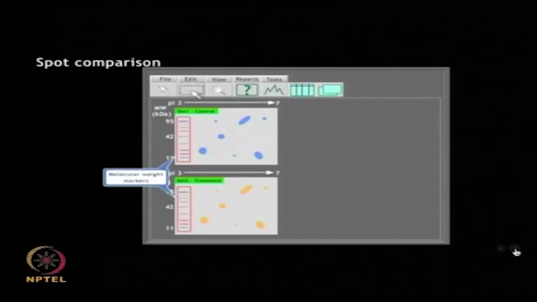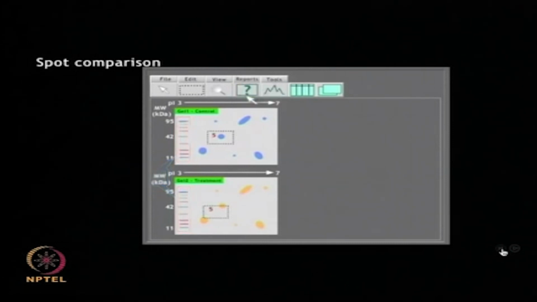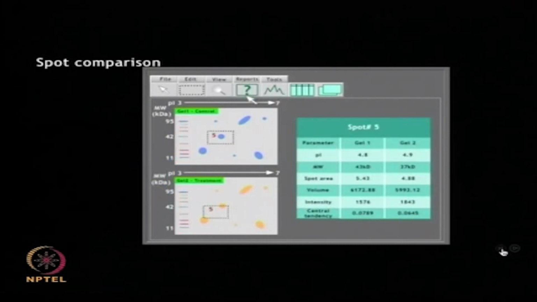The spot comparison. It is possible to specifically compare a particular selected spot across the gels. When the gel is run with molecular weight markers, the molecular weight of unknown proteins can be estimated from this information.